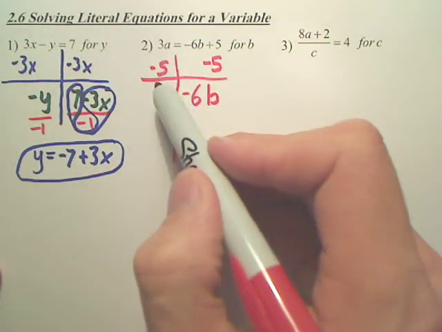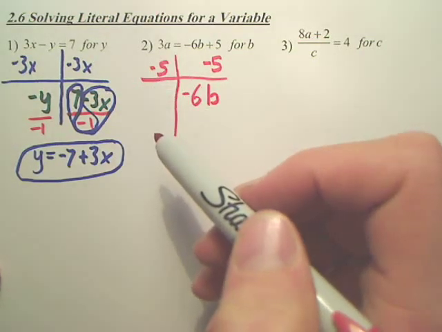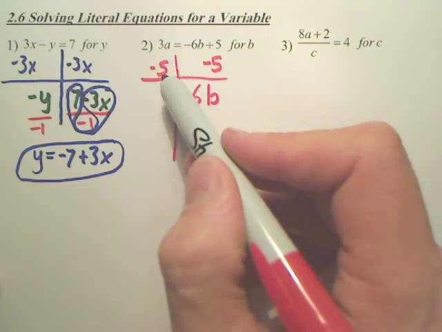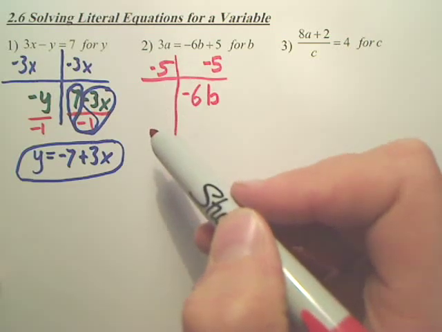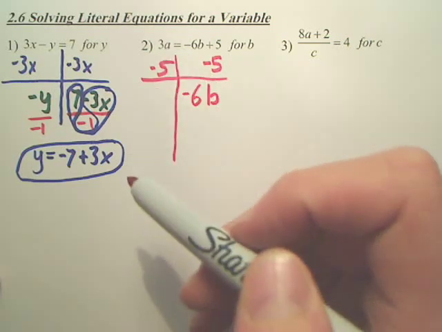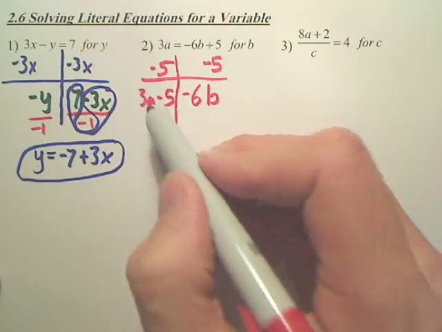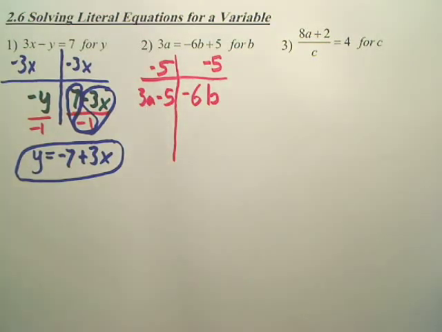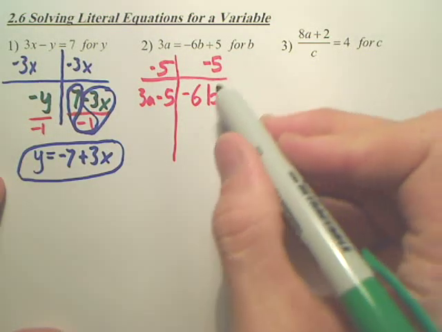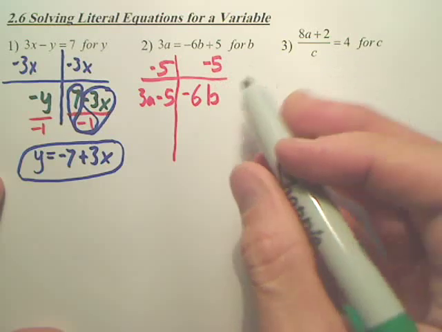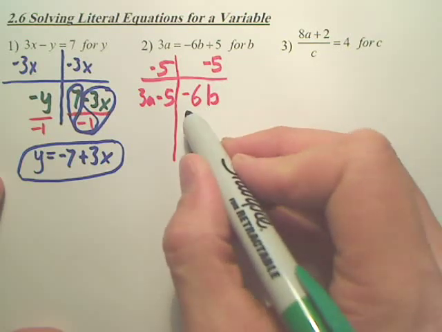And this combines, but wait, can you combine a 3a and a negative 5? No. You can't combine letters and numbers, so we basically end up with 3a minus 5. Now, is b by itself yet? No. So how do you get this negative 6 off the b?